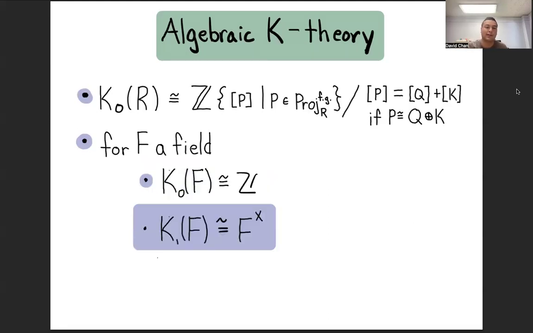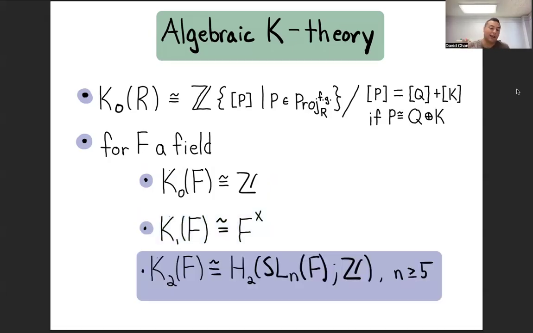Some higher K groups, right? K1 of a field is always the group of units. And you can see it's getting a little bit more complicated. You can at least start to tell different fields apart from this. And then for K2, there's a presentation due to Matsumoto, or you can say that it's the second homology of the special linear group for your field as long as n is sufficiently large.